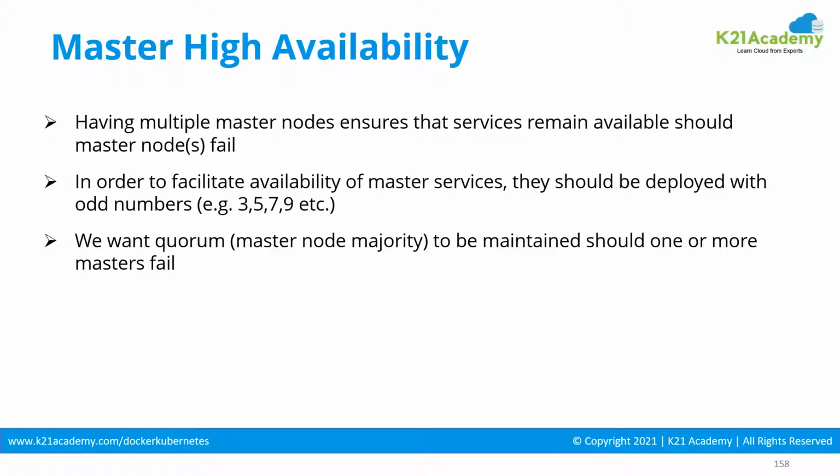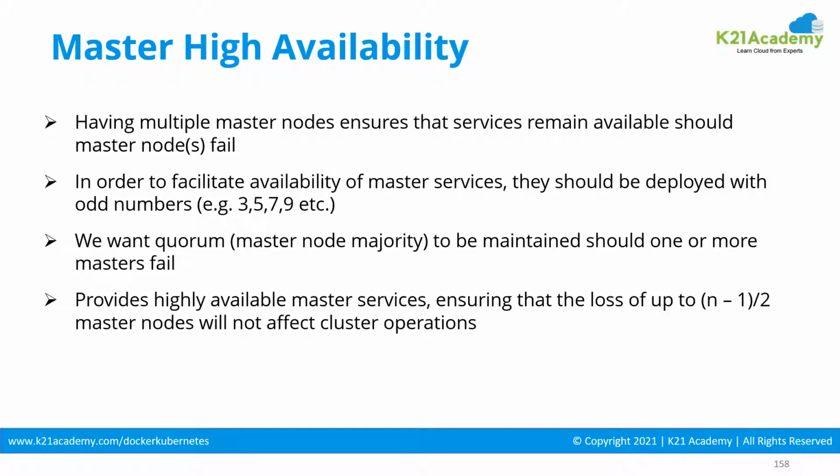We want quorum to be maintained should one or more masters fail, a master node majority, which provides highly available master services, ensuring that the loss of up to (n-1)/2 master nodes will not affect cluster operations. So this is the formula which is used. That's why odd numbers are required. It will not impact the operations of the cluster if you have an odd number, because quorum will be formed. The decision will be taken to form the leader, and that leader will go and add the service endpoint into the specific API node.